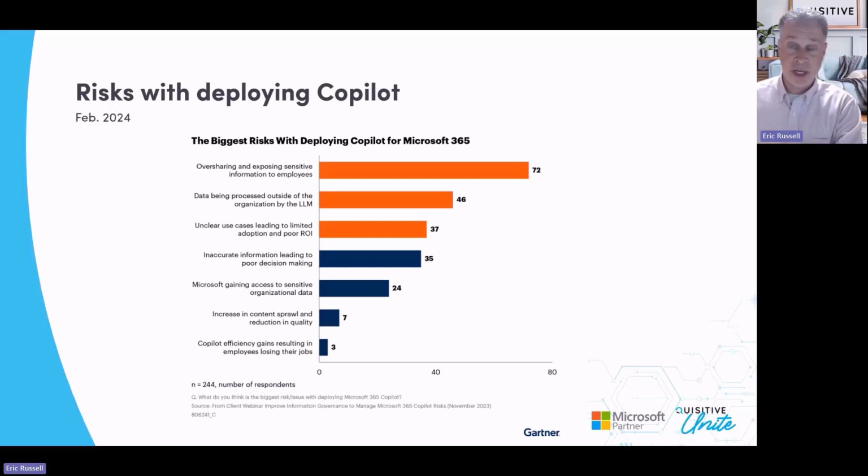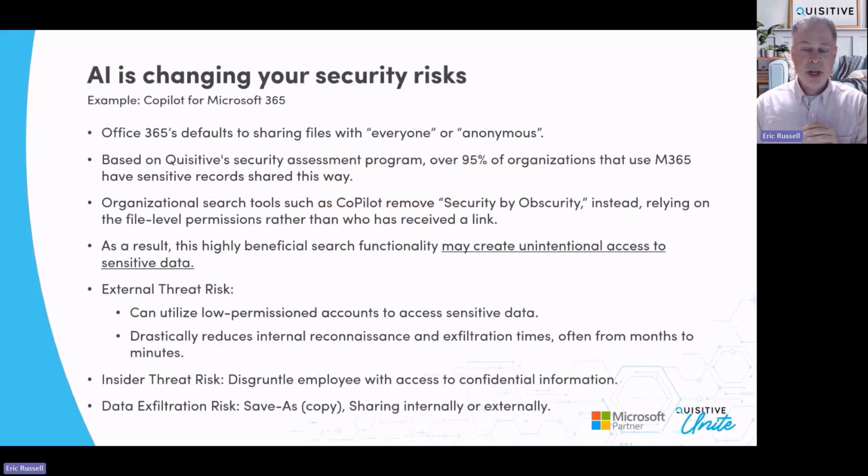Now, this is a survey, so this is just getting people's feelings on the matter. Our security team has acknowledged this risk. So at Quisitive, we do a lot of security assessments, and we have validated that risk is real, but it does depend, obviously, on your own security posture. But these are some of the things that we see.